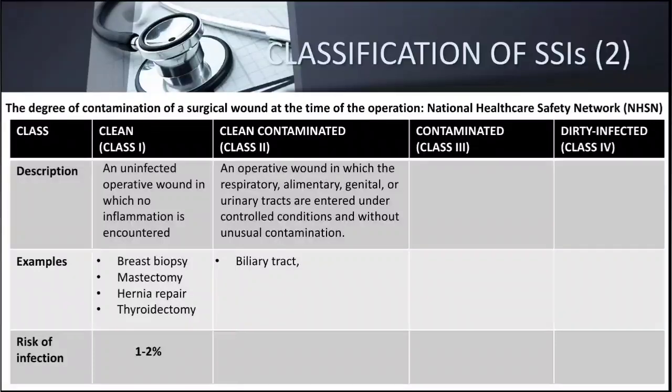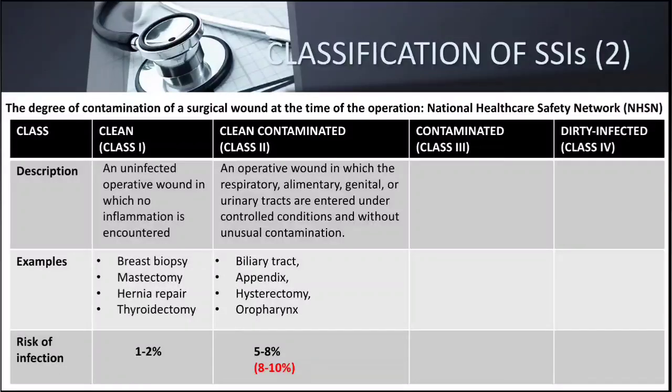Examples are biliary tract surgeries like laparoscopic cholecystectomy, appendectomy, hysterectomy, operations of the oropharynx, right? And the risk of infection for clean contaminated is about 5 to 8%. I saw another literature which was saying 8 to 10, right? But just to get that one, 5 to 8%. In most cases, it will be correct.